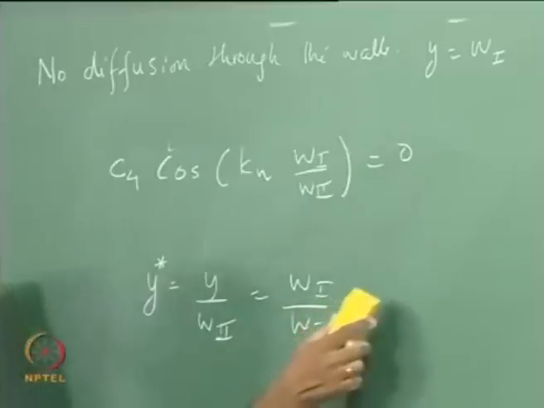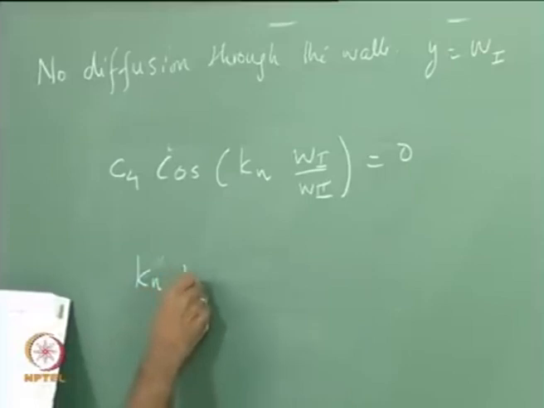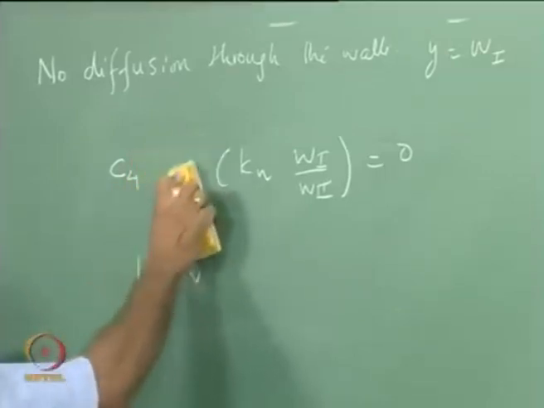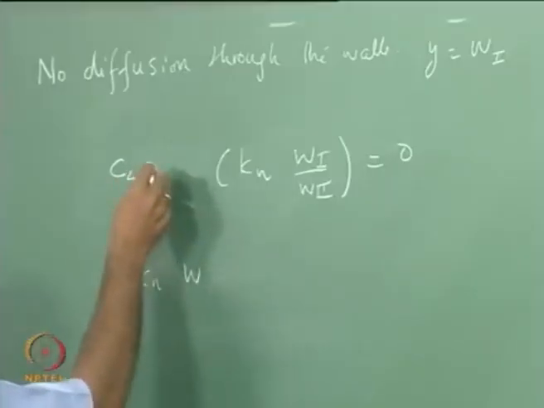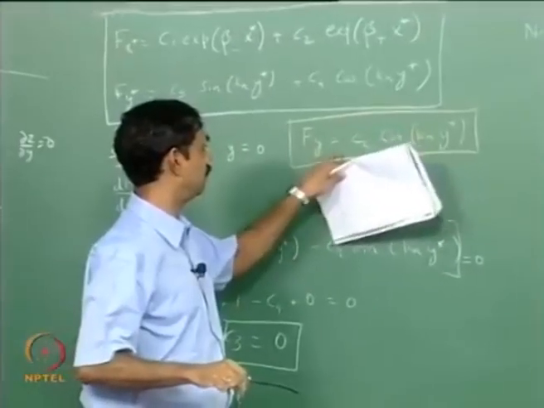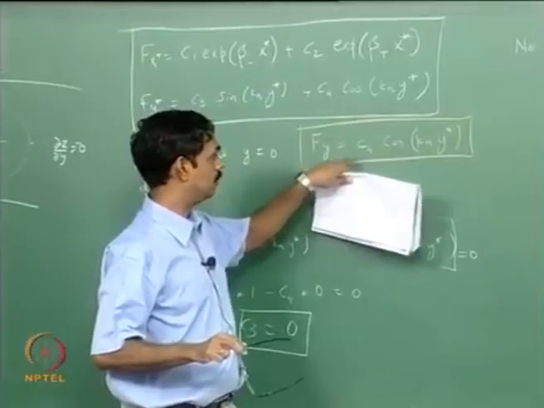So this should give Kn, sorry, should say sin because the condition is on dz by dy, right. So when this is fy, dfy by dy will be like sin.